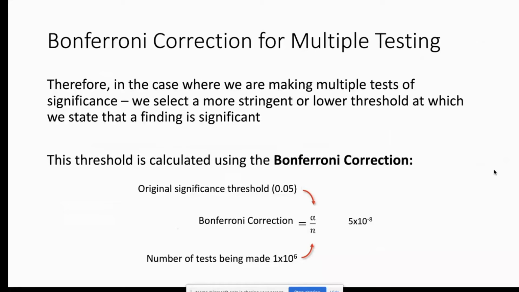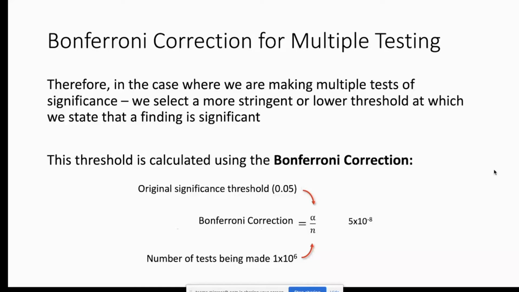Because of the increased risk of false positives across so many genetic variants, we have to adjust the threshold we take for something to be considered significant.